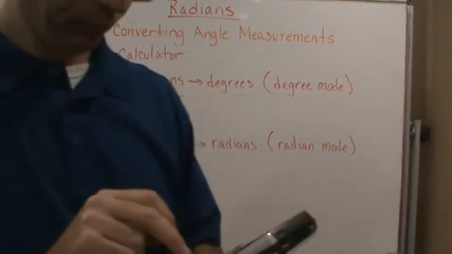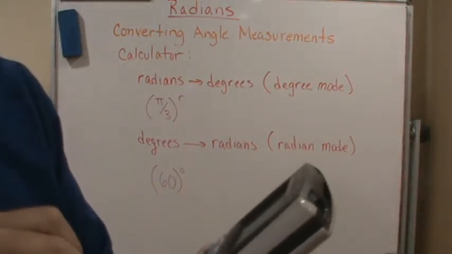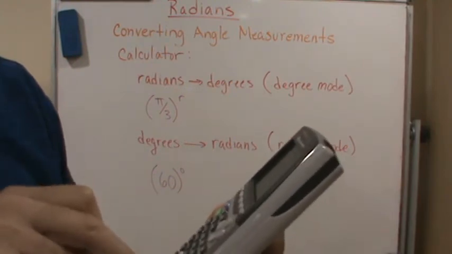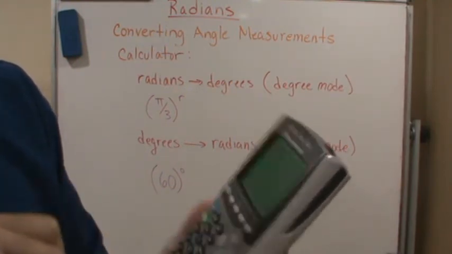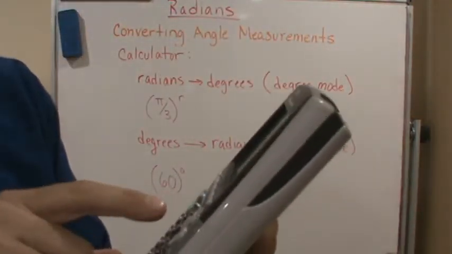Okay, so now, if I put in the calculator, I'm going to put parentheses, pi divided by 3 in parentheses, and then I'm going to go under my angle menu.